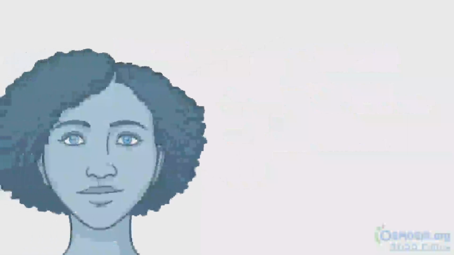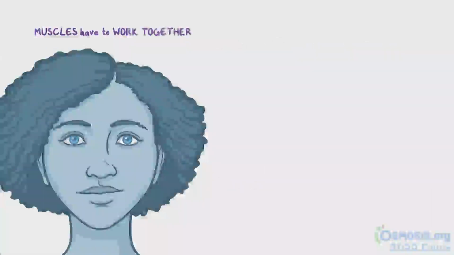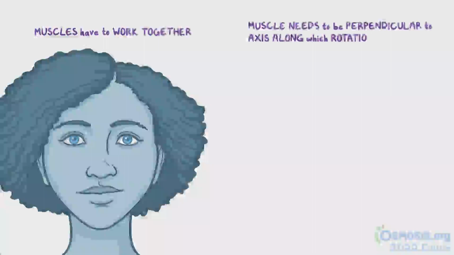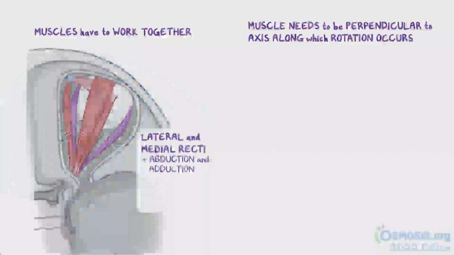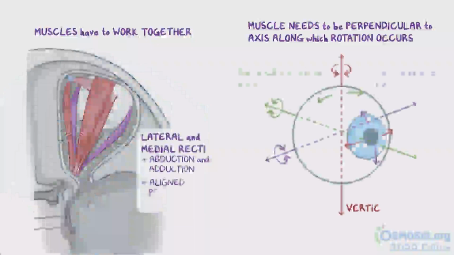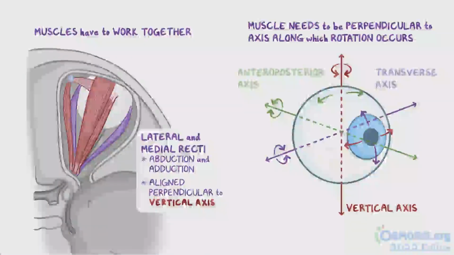Now, our eyes can turn in 8 directions, but there's only 6 muscles to do that job. That means some of them have to work together to perform specific movements. Basically, to make a movement in one direction, the muscle needs to be aligned perpendicular to the axis along which the rotation occurs. That's not a problem for the lateral and medial recti, which perform abduction and adduction of the eye, respectively, because they are aligned perpendicular to the vertical axis.